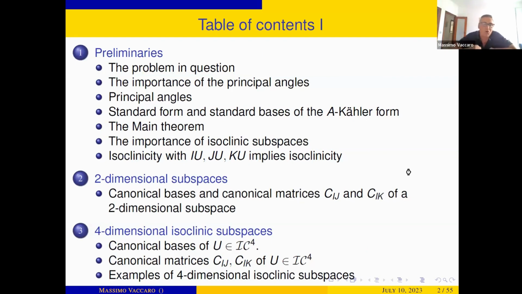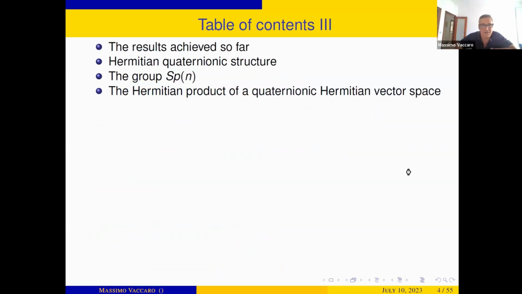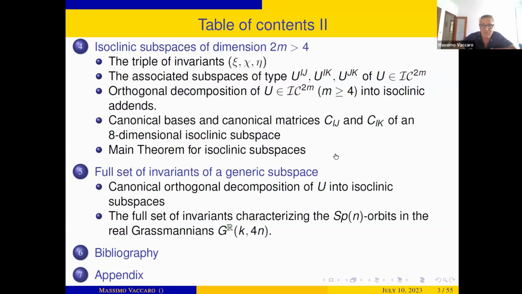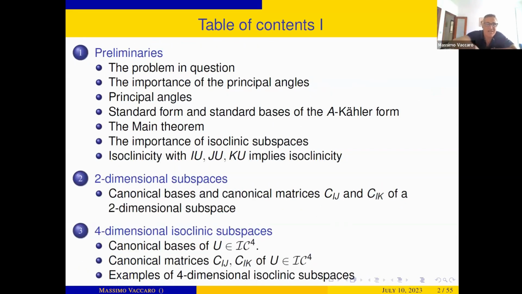What is really new is the last point of the preliminaries: that isoclinicity with respect to IU, JU, and KU implies isoclinicity. This is a new result, very important for what I'm doing today.